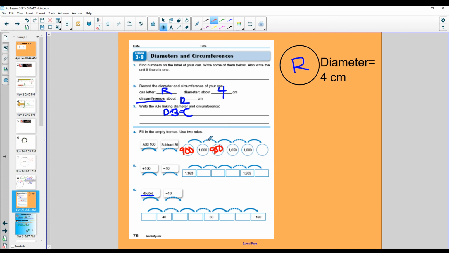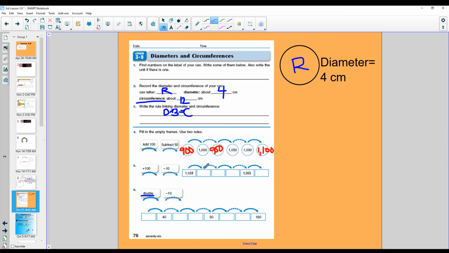If I go backwards here and I do 950 plus 50, then it gets me to 1,000. 950 plus 100 gives me 1,050, subtract 50 gets me to 1,000 again. And then the last one, I'm going to add 100. So I get 1,100. All right, hopefully you're on target.